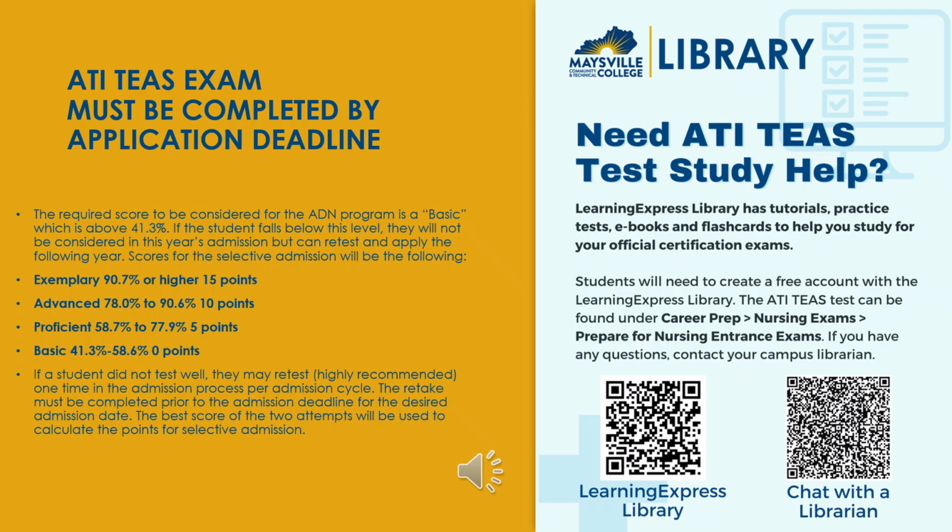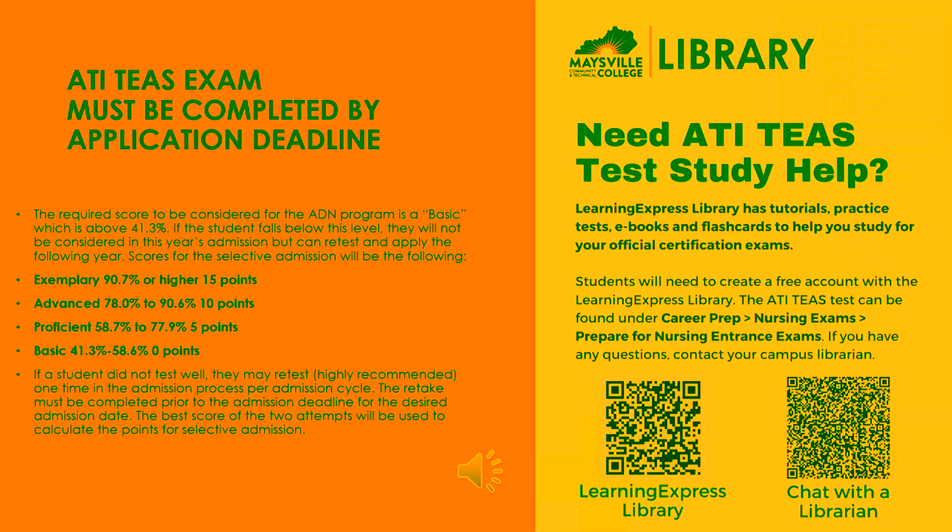So basic is considered a 41.3 to 58.6. You will receive 0 points if you get that basic score. We consider it proficient if you get a 58.7 to a 77.9 and above, so it gives you 5 points, 10 points, or 15 points.